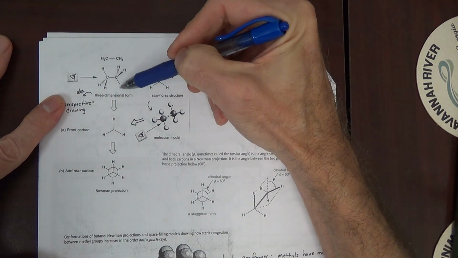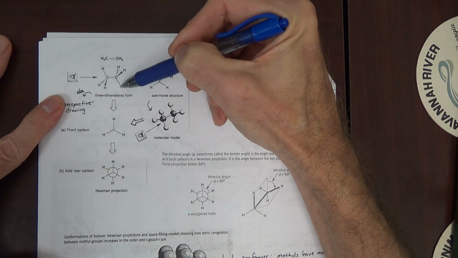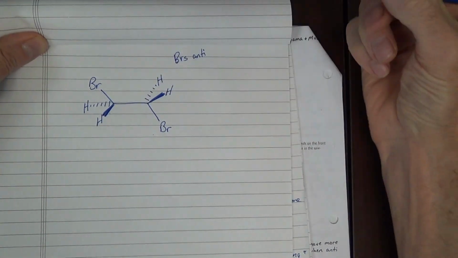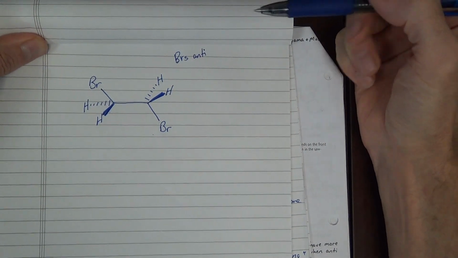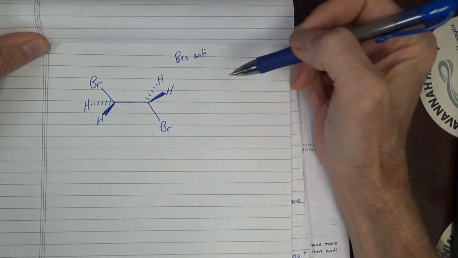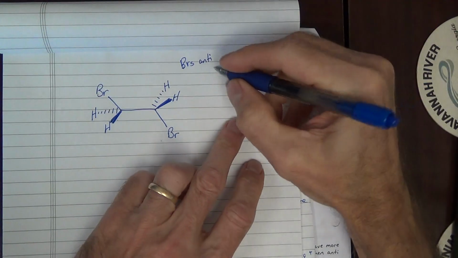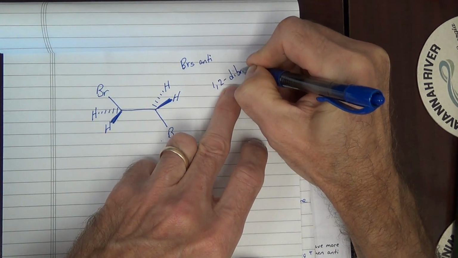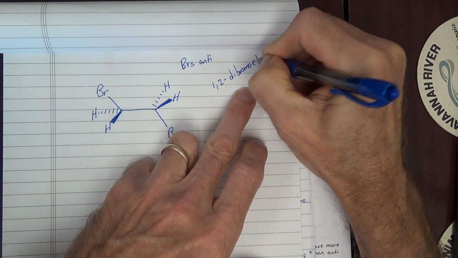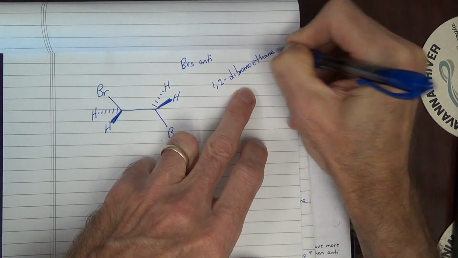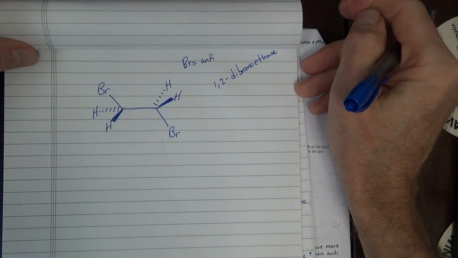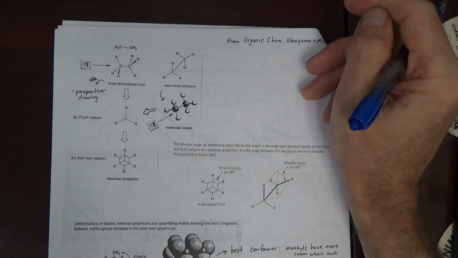Here, if you replace these two H's that are in the plane with bromines, you'll get what I showed you here. All right, so a perspective drawing of, just to clarify, 1,2-dibromoethane. Just to do a little nomenclature.